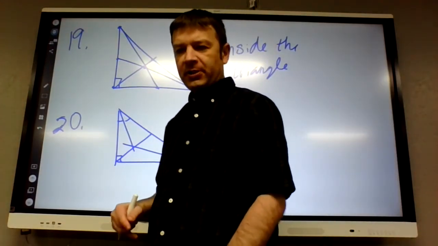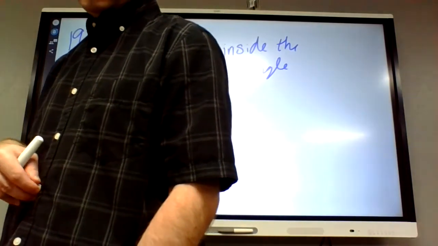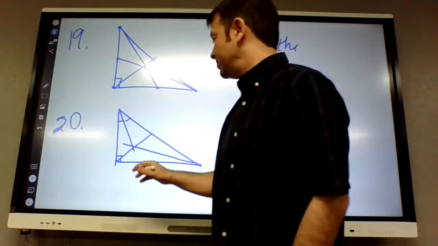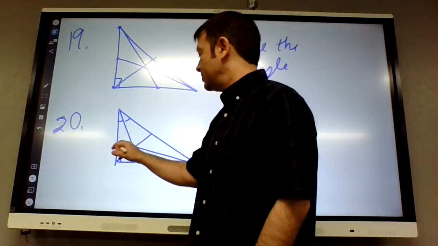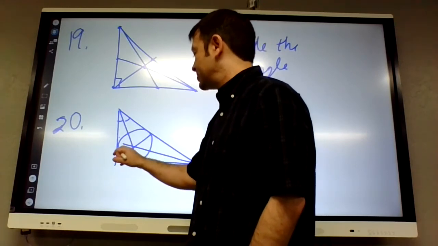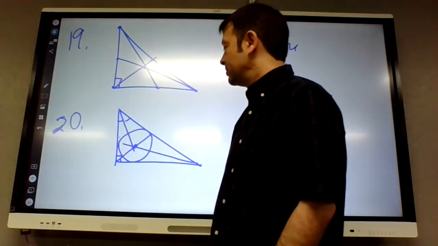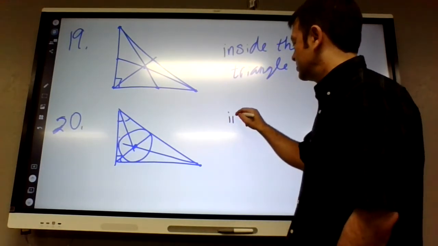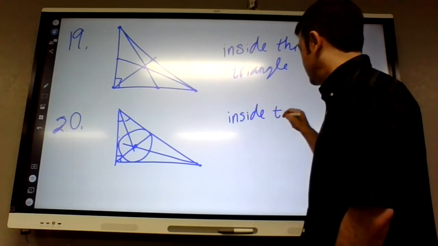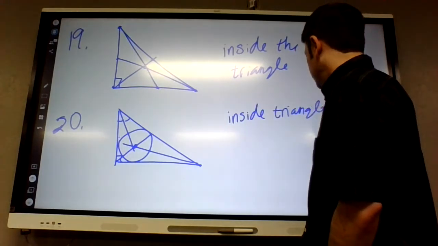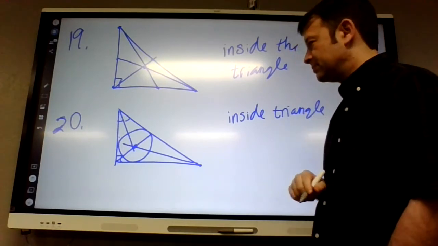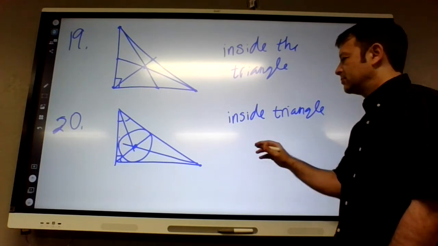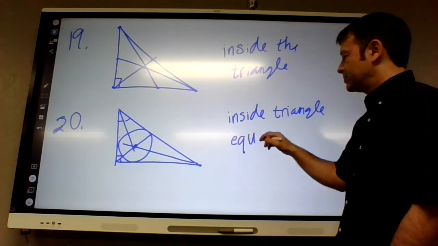Well, they meet somewhere in the triangle. What the book put is in the interior of the triangle, equidistant from each side. So yeah, it's called the incenter because it's the inscribed circle's center. So it's equidistant from each side. Inside triangle. Equidistant from side. I guess I'll write that.